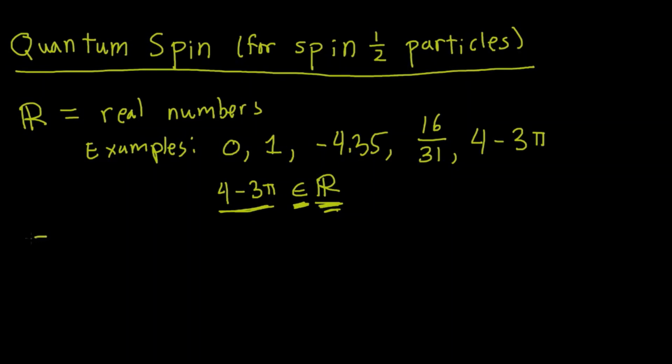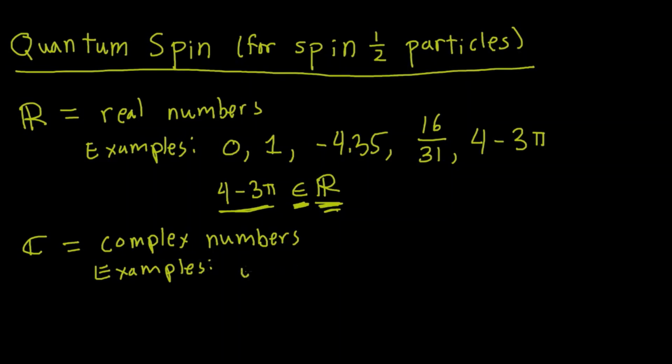By contrast, this special C symbol denotes the complex numbers. Examples of complex numbers include, of course, i, 2 minus 3i, 17, for example, or 3 minus 42i.